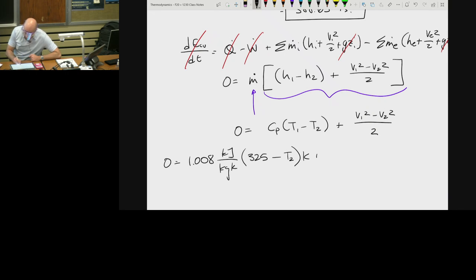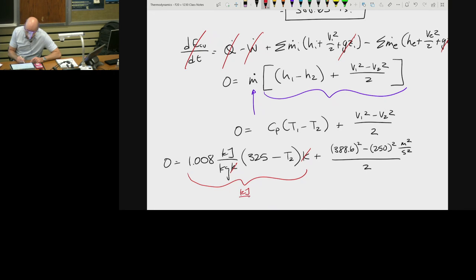This is in Kelvin, plus my velocity 1, which was equal to what I just calculated here, 388.6, squared, minus my 250 squared, and this is all going to have units of meters squared per second squared, over 2. Now again, I have to check my units. My first term has units of kilojoules per kilogram.